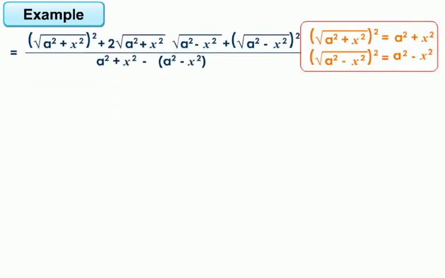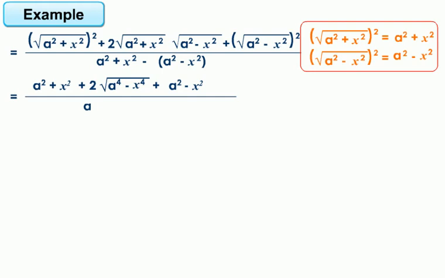On further simplification, the fraction can be written as a square plus x square plus twice under root a to the power 4 minus x to the power 4 plus a square minus x square by a square plus x square minus a square plus x square.